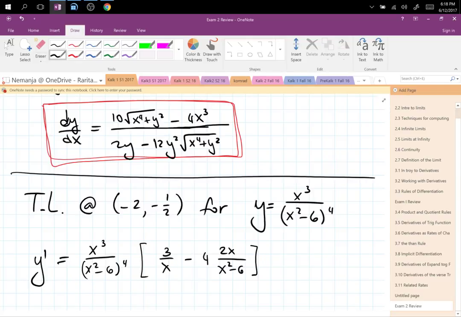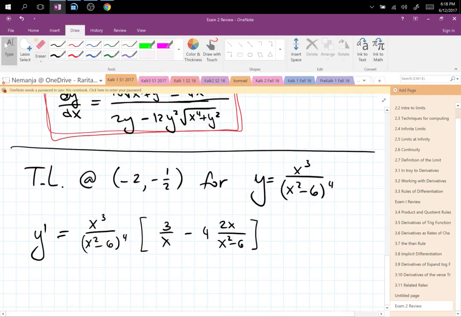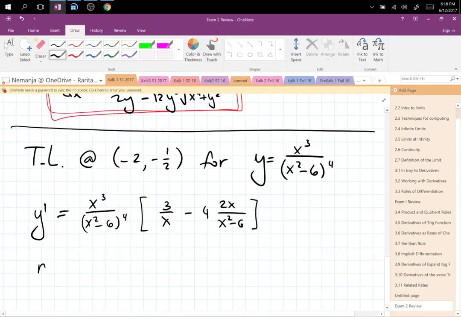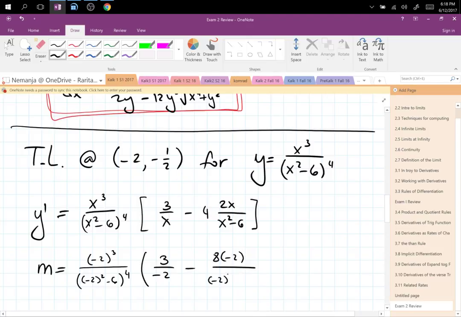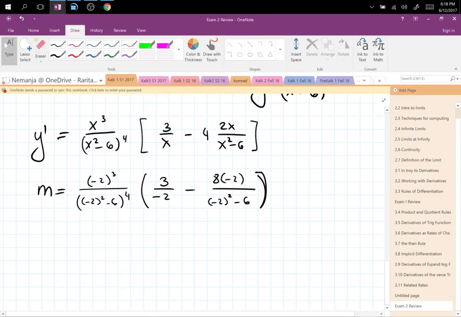So all I need to do now is to plug x equals -2 everywhere. So m is equal to -2 cubed over -2 squared minus 6 everything to the 4th, times 3 divided by -2 minus 8 times -2 divided by -2 squared minus 6. And that's going to give me a slope.